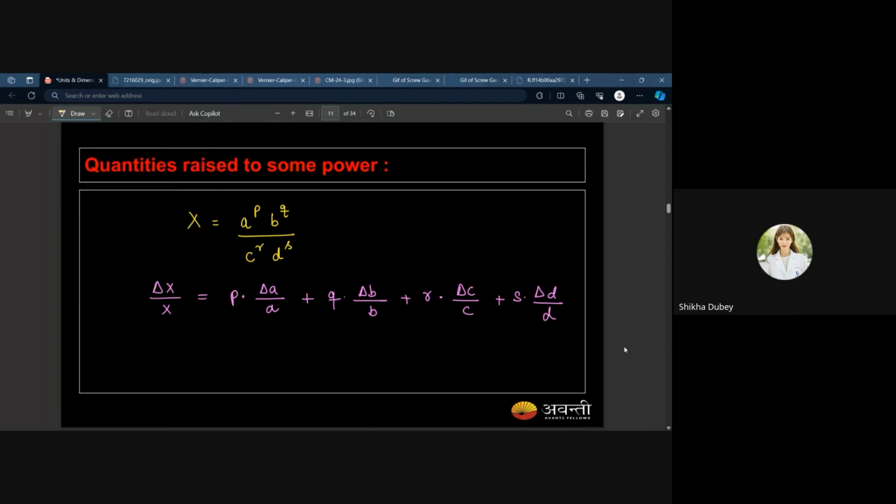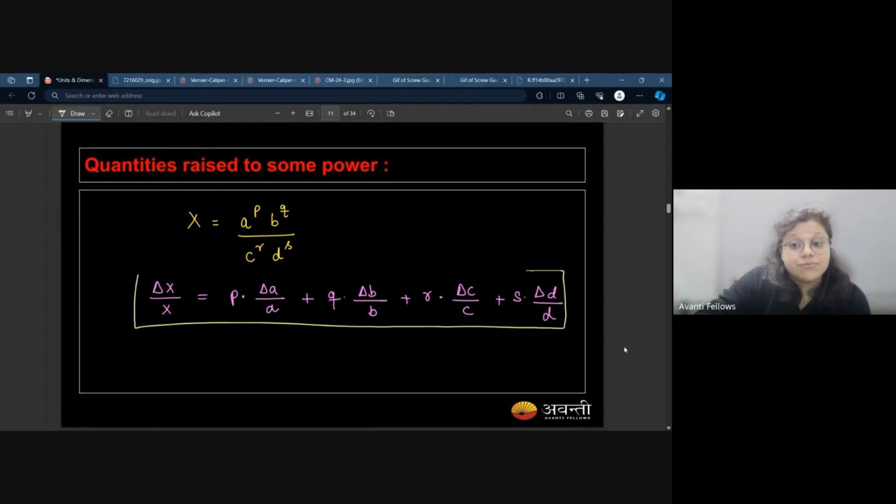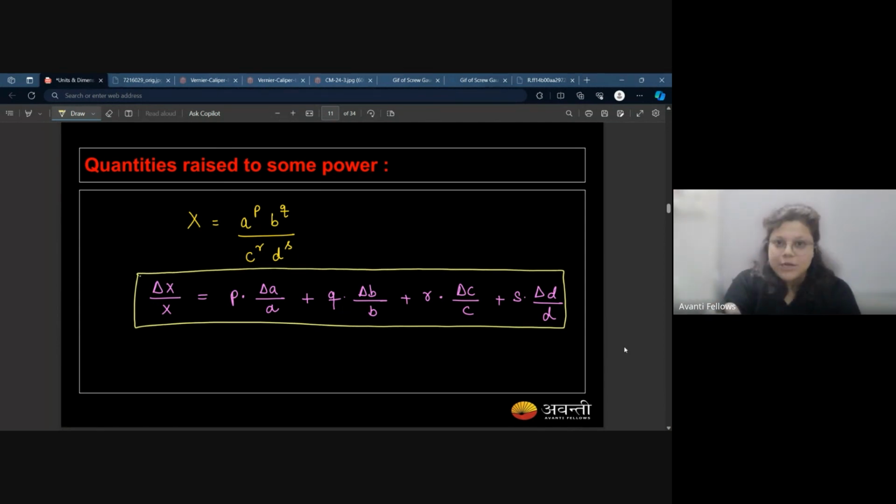Yes, ma'am. And this is very, very important because it has huge application even outside this chapter. It is not just confined to this chapter only. Suppose you have come across a lot of questions like: you have a wire, you increase its length by pulling, there is a reduction in the area, calculate the percentage change in the resistance.